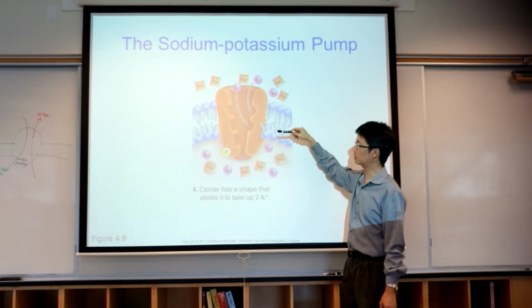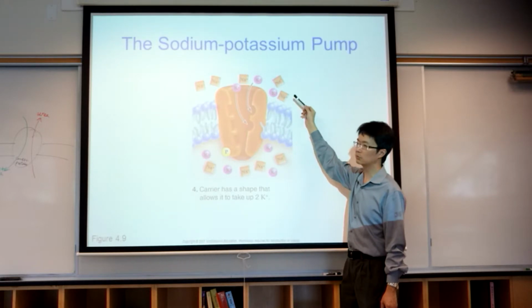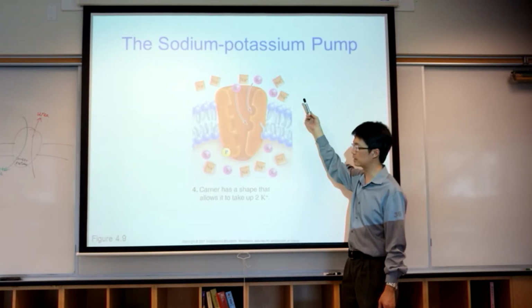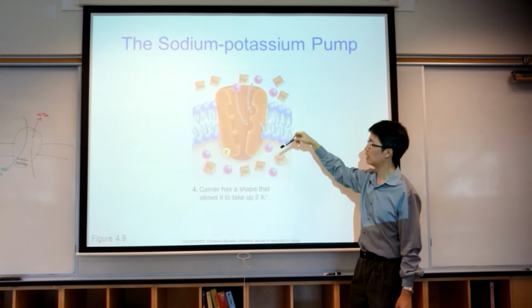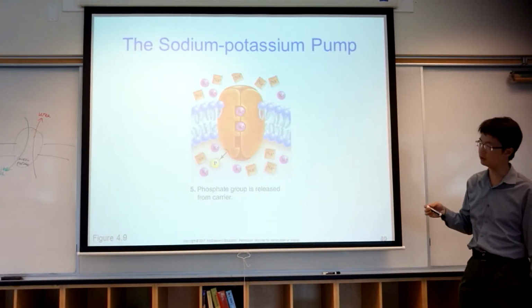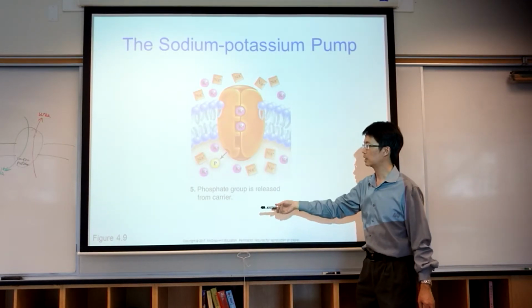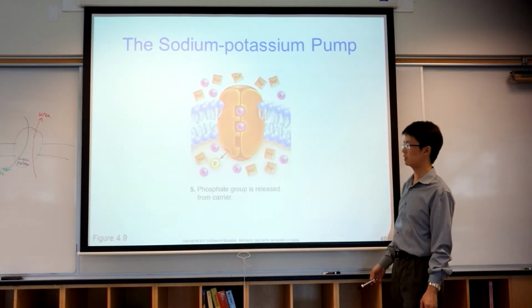And remember, potassium ion is higher in concentration inside the cell than outside of the cell. So potassium ion is also going against the concentration gradient. After two potassium ions bind, it also induces a conformational change, and the phosphate group is released.